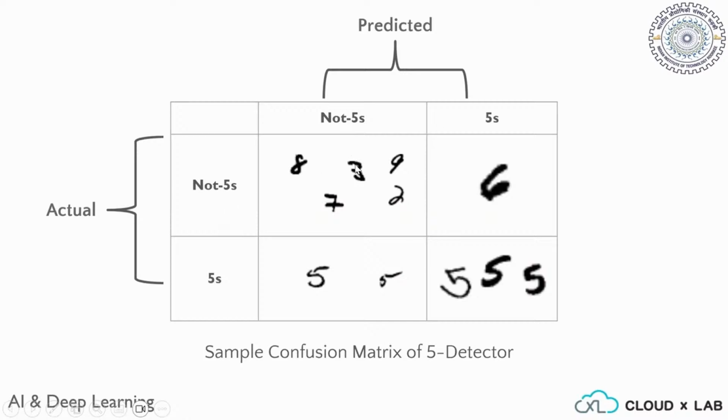So as you can see here, actual output is not 5, and model is also predicting not 5. So these are the true negative cases where model is predicting correctly, right? So this is true negative.